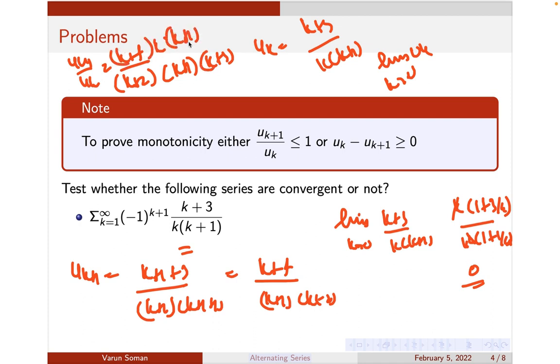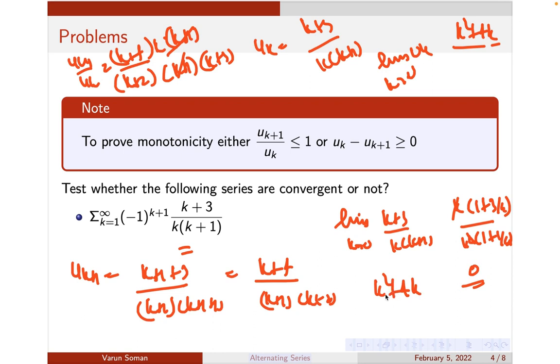Okay, so please write it yourself, only then you will understand. So your (k+1) will get cancelled out, so the numerator will be k into (k+4), that is k square plus 4k, and the denominator will be (k+2) into (k+3).